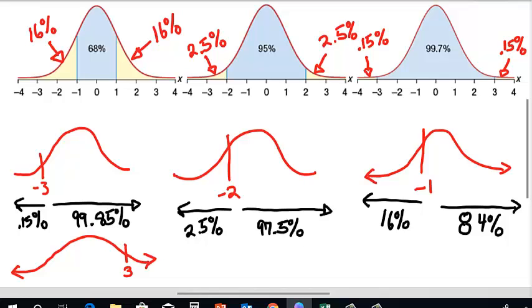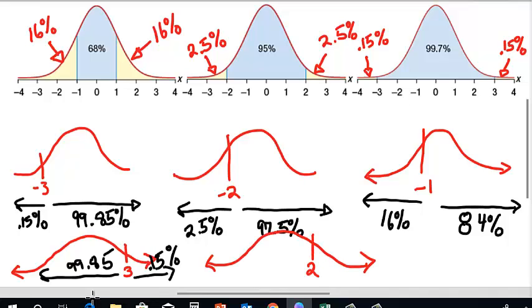So if I'm at 3, positive 3, well, to the right, we have that 0.15%, right? Because this is symmetric. And to the left, we have the 99.85. For positive 2, to the right, we're going to have that 2.5%.